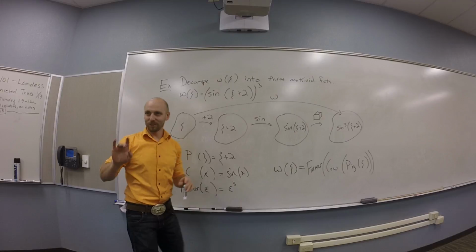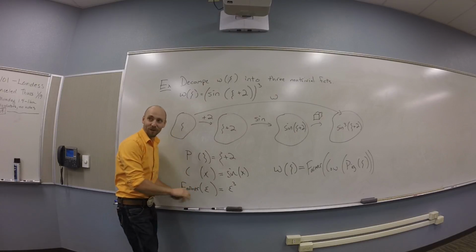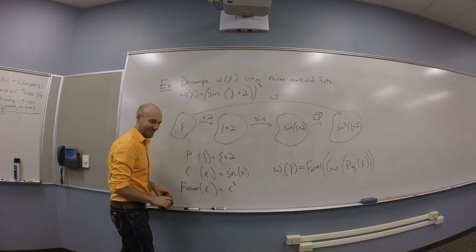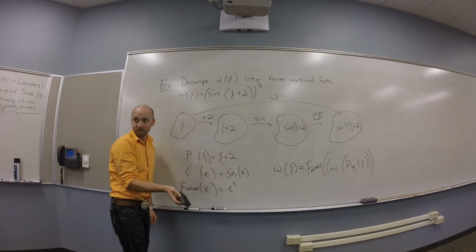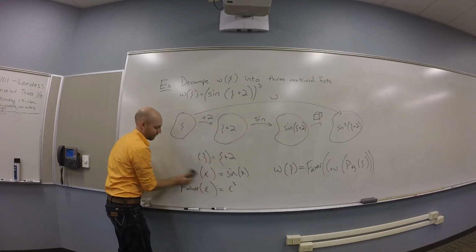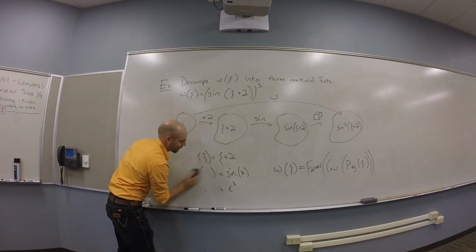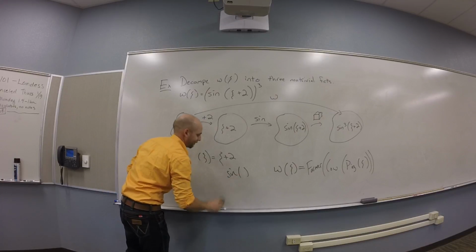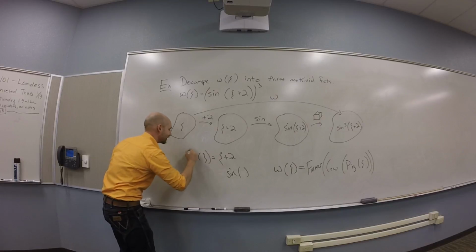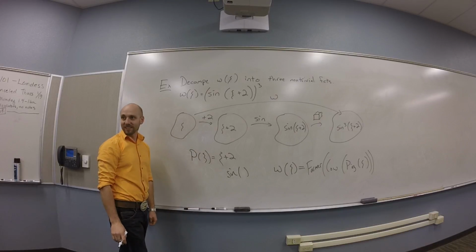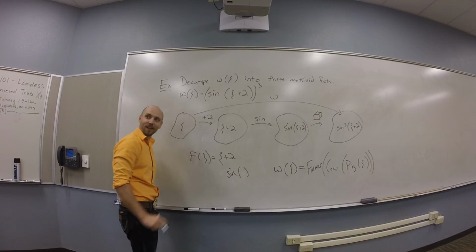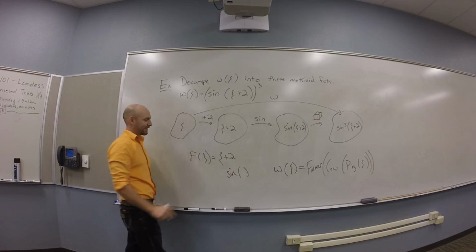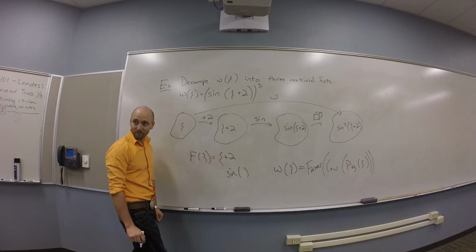So, yeah, if you want to take all the fun out of this, you can call P of Cassie, Cassie plus 2, right? You get to pick the name. Fine. Let me take all the fun out of this. So P of Cassie is going to be, you know what? Let's take all the fun out of it. We'll call it capital F of Cassie. It's Cassie plus 2, right?